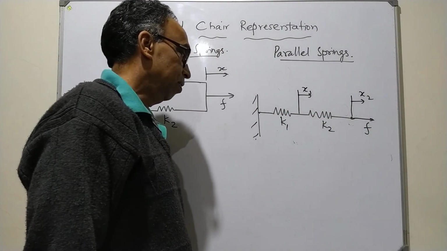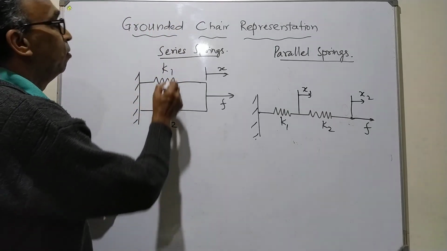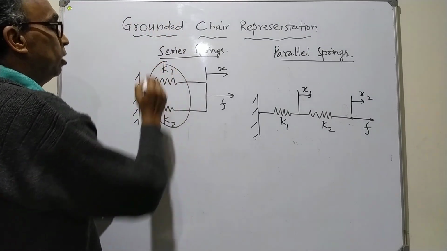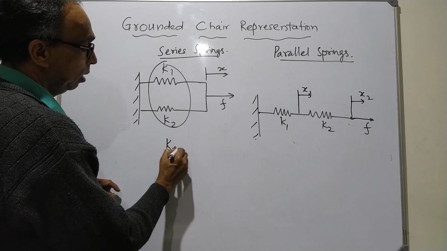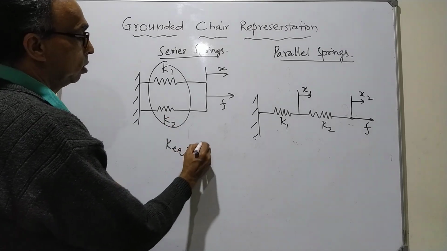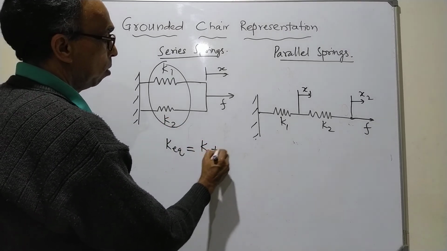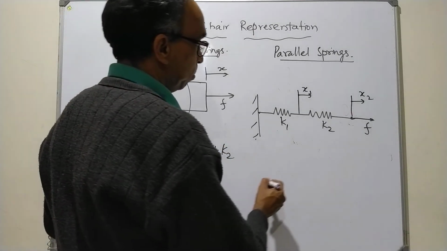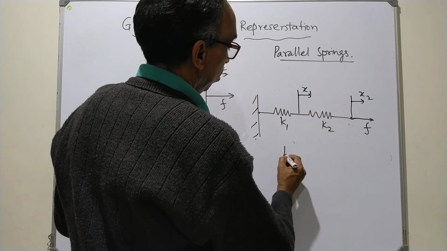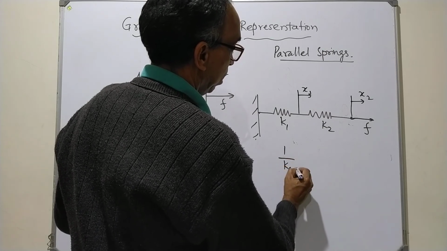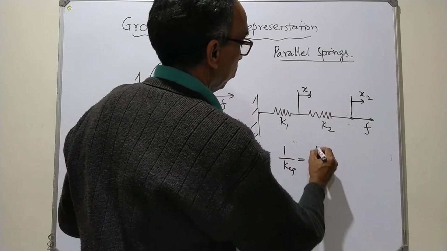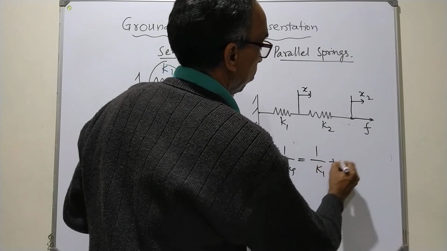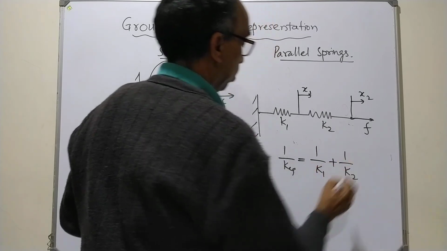And what we had said, for these springs the equivalent stiffness was given as a simple sum of K1 and K2, whereas in this other case, 1 upon K equivalent is 1 upon K1 plus 1 upon K2.